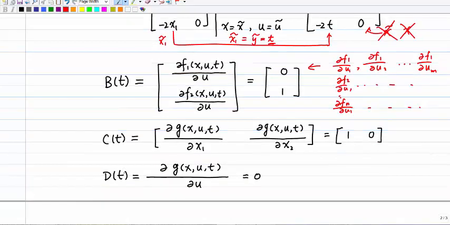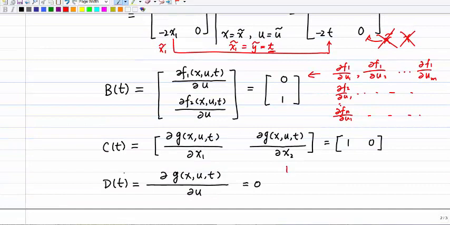Okay? Ct will be just partial g over partial x1, partial g over partial x2. So you see, C will be a little different from the previous one. C typically is given by this: partial g, a transpose, with partial g1 over partial x1, partial g1 over partial x2, and so on and so forth. And partial g2 over partial x1 and partial g2 over partial x2, and so on.